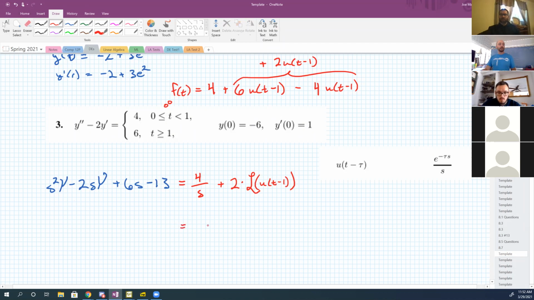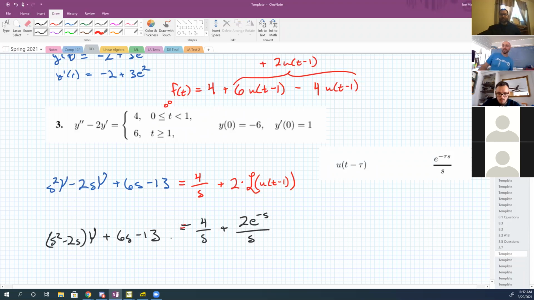So I'm going to get a 4 over s plus 2e to the minus s over s. And then on the other side, I've got s squared minus 2s times my capital Y plus 6s minus 13.